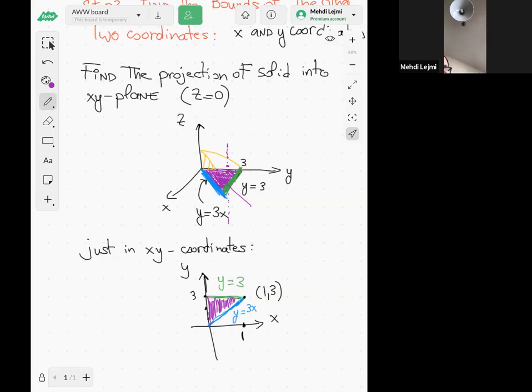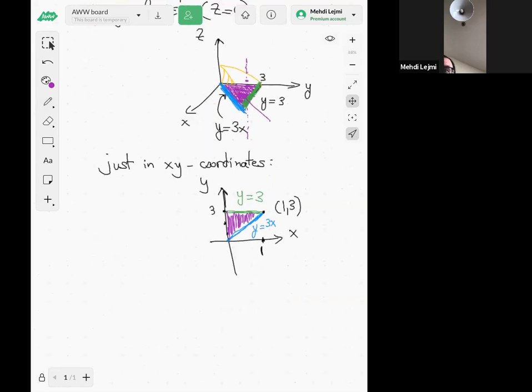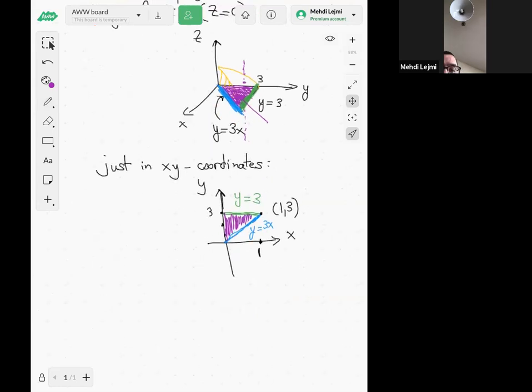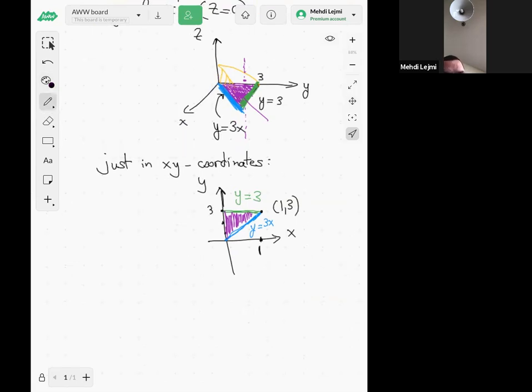You can start with X, or you can start with Y. We have this triangle here.